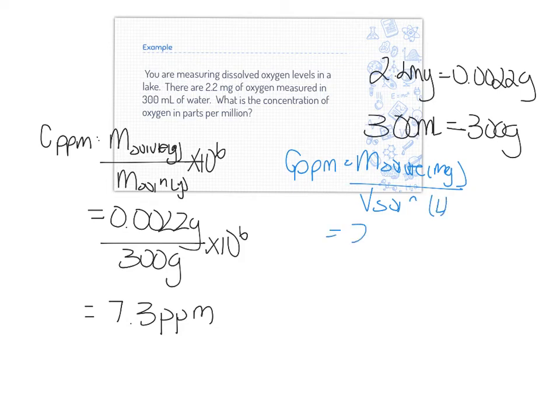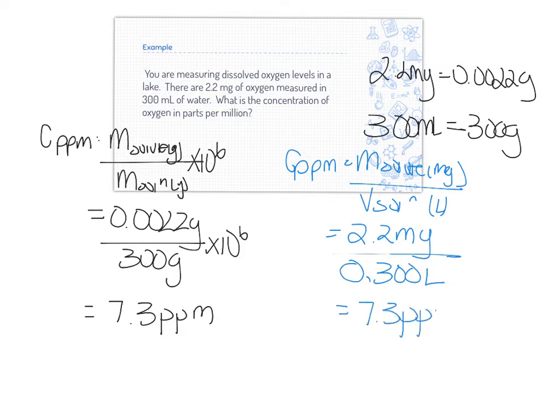So we had 2.2 milligrams in 0.3, because I need to turn this into liters, so that's 0.300 liters. And once again, we get 7.3 parts per million. So it doesn't matter which formula you use. If one works better for you, go for it.